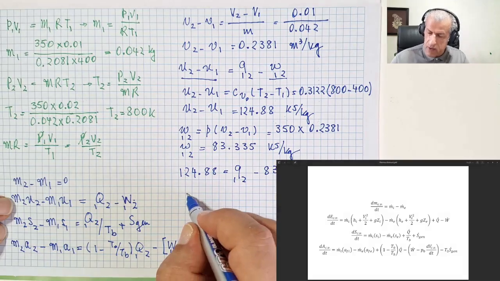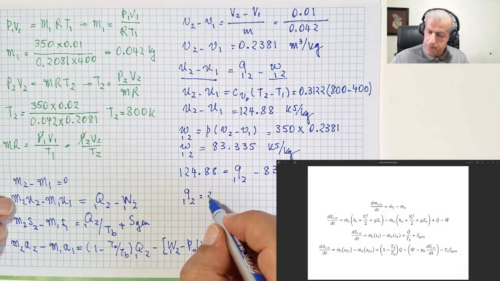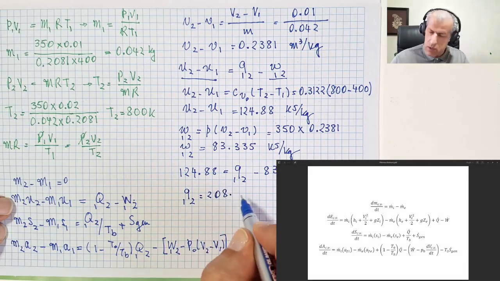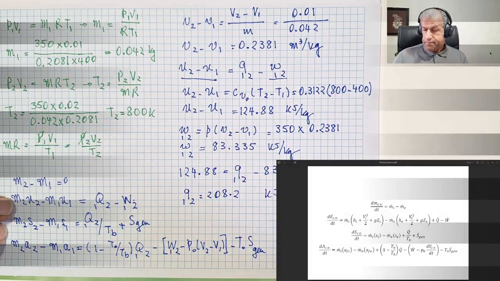And the final outcome, Q12, would be 208.2 kilojoule per kilogram. And that's how we calculate the first law of thermodynamics.